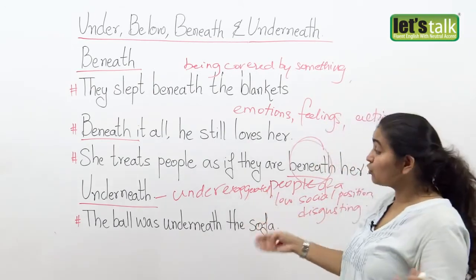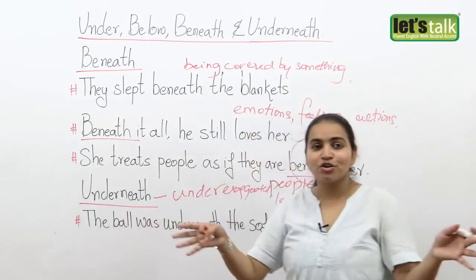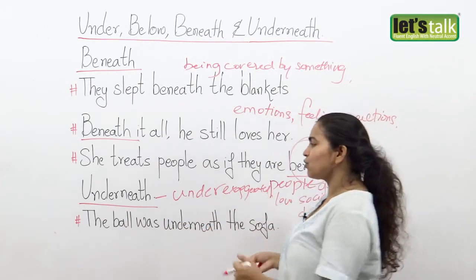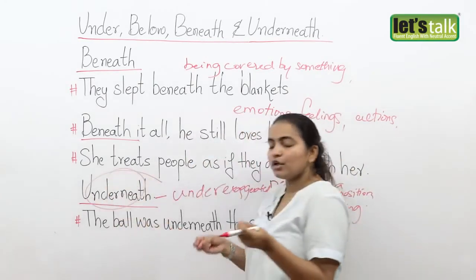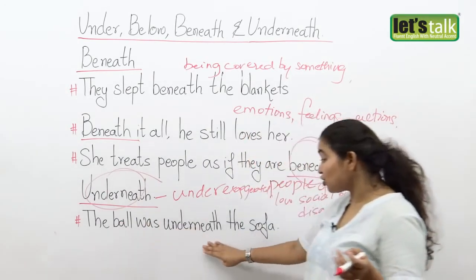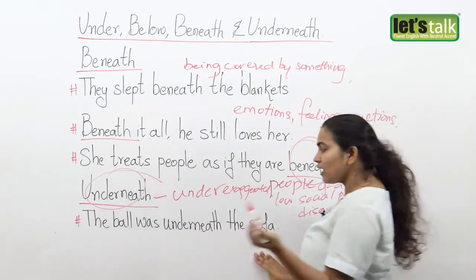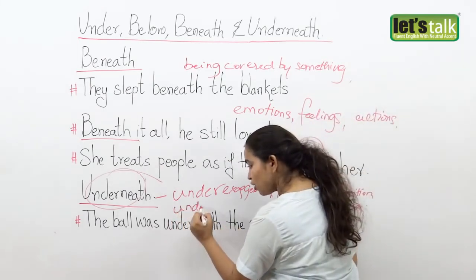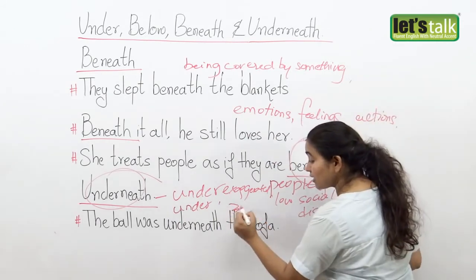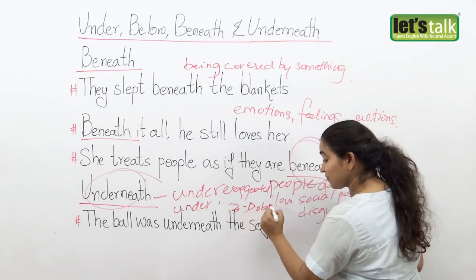Which means I could use underneath and under, I can replace them with one another. But why do I use the word underneath, sometimes? A sentence like, the ball was underneath the sofa. Could I say the ball was under the sofa? Yes, I could, because we're talking about 3-dimensional objects.